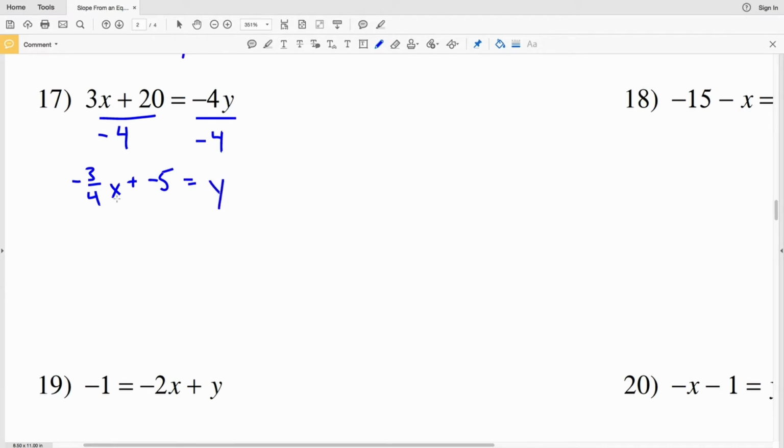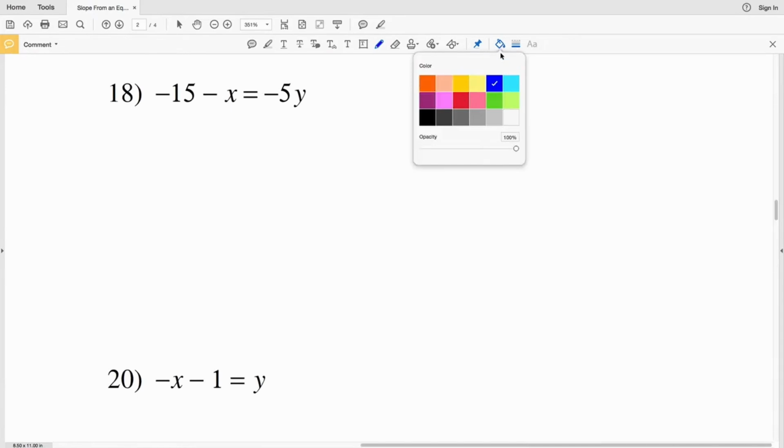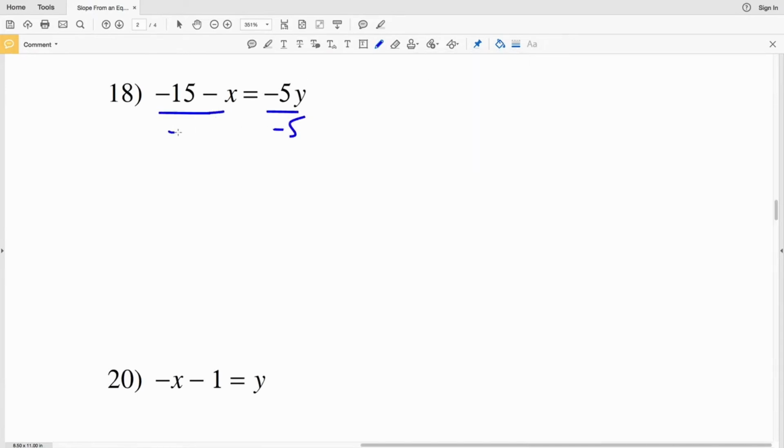So y equals mx plus b, so you can see our slope is negative 3/4 for number 17. In number 18, we're just going to divide by negative 5 on both sides.